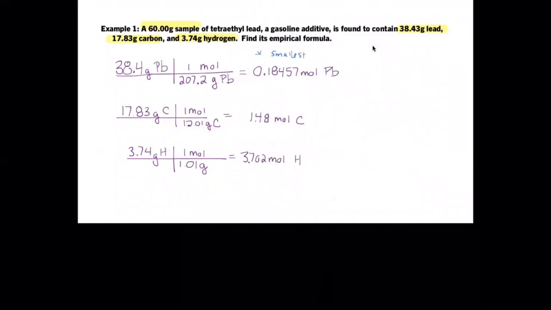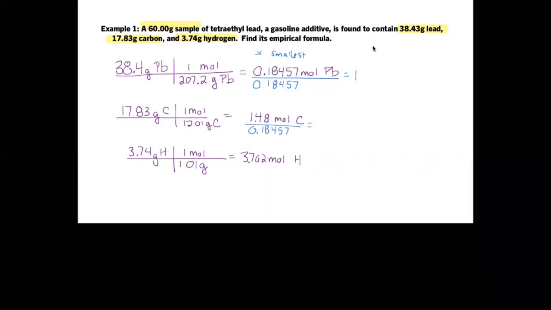So I'm going to go ahead and divide all of my answers by this. Obviously, when I divide lead by itself, I get 1. These numbers are going to be representing the subscripts that would be associated with each element. So at least in the beginning, I'm assuming that the subscript on lead is going to be 1.